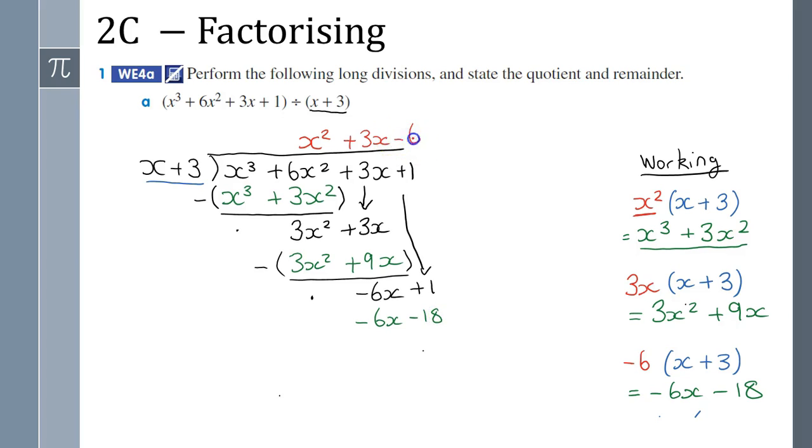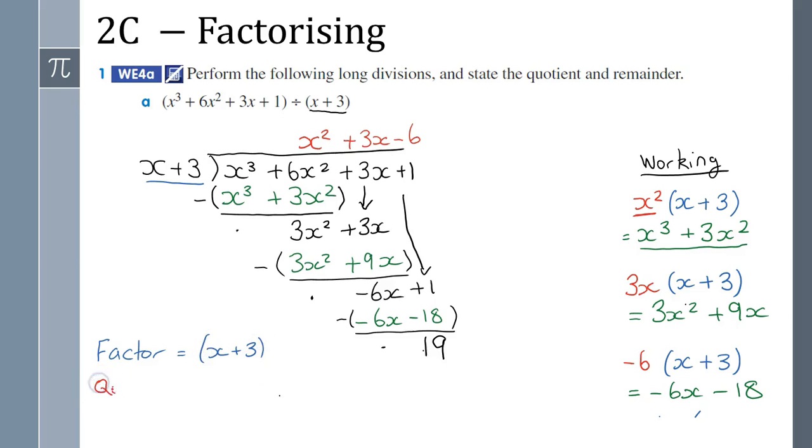And this goes up the top. So negative 6x take negative 6x is 0. 1 take negative 18 is plus 19. So in this case, our factor is x plus 3.